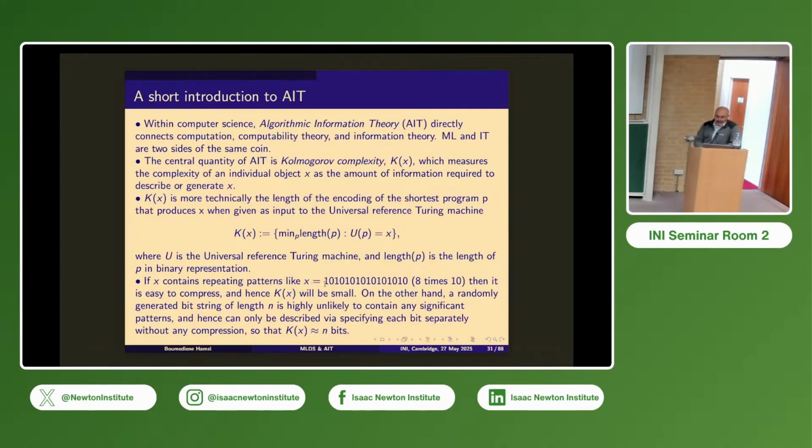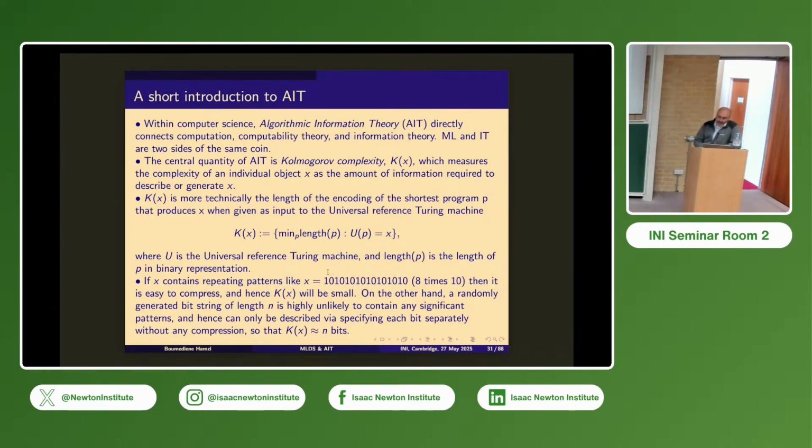For example, take this sequence: 1, 0, repeated 8 times. It's easy to encode it in a program and say just print 1, 0, 8 times. This would be the length of that program, whether it's in Python or any other language that you like.